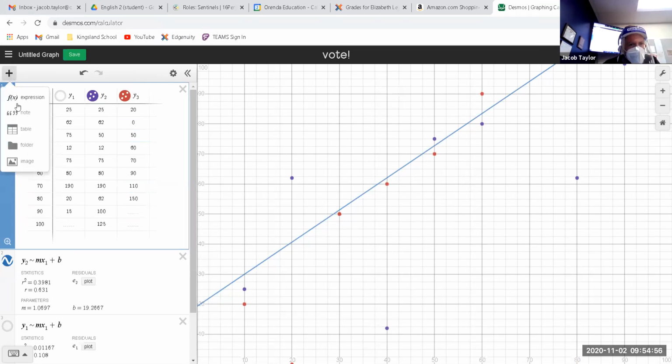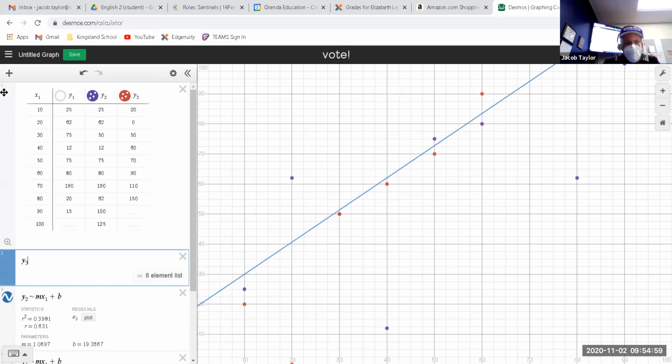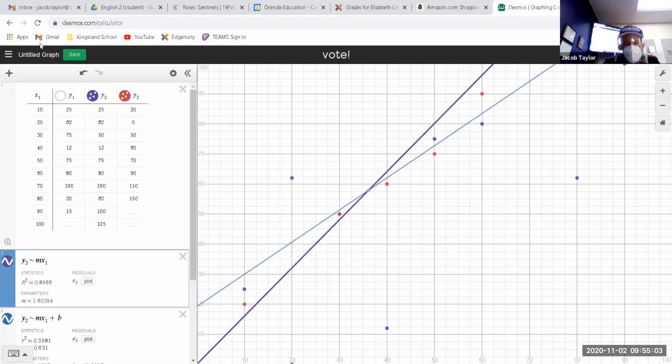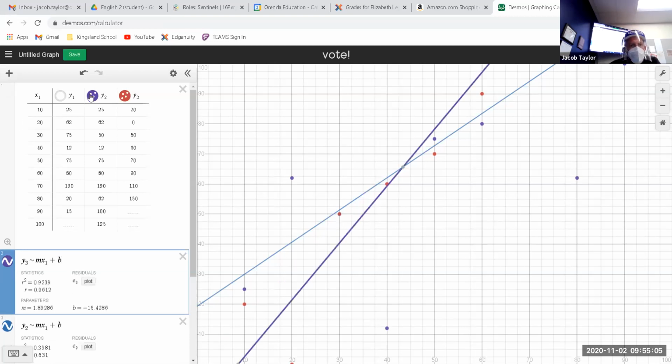Go ahead and do one for y3. Remove the other ones. There's a strong correlation. It's going up and the points are very, very close together. Strong correlation.